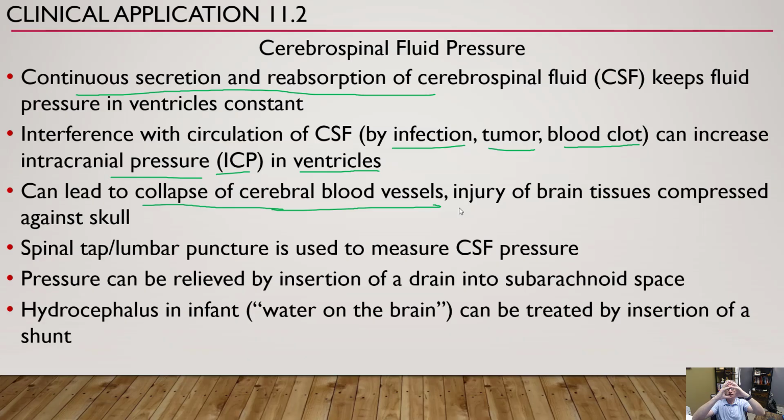And the only way for your brain to relieve that pressure is to go out that foramen magnum, which is the hole in the base of the skull that your spinal cord goes out. If you keep increasing that pressure and keep increasing that pressure, your brain will actually herniate and go out through the base of your skull. And that's essentially death.